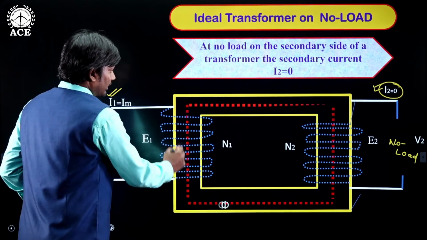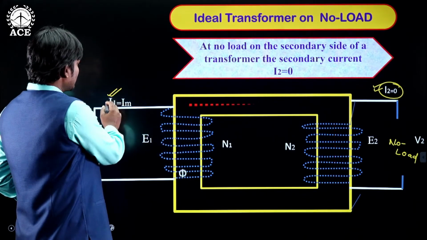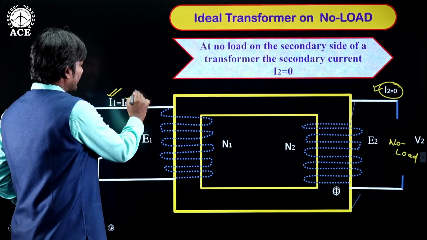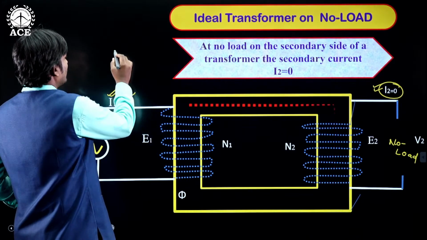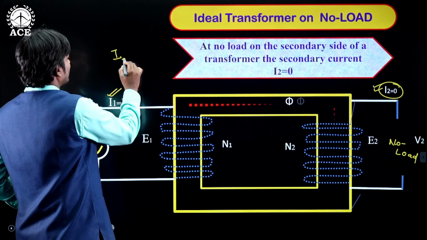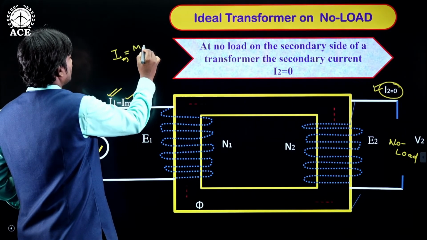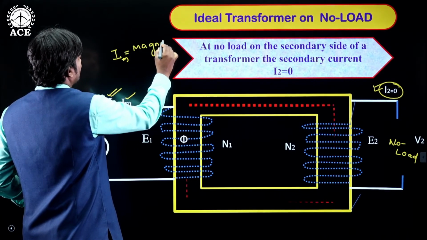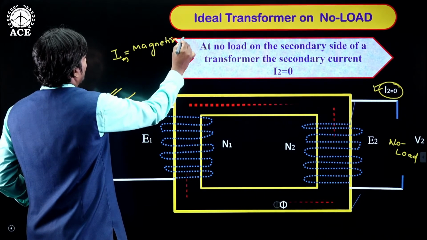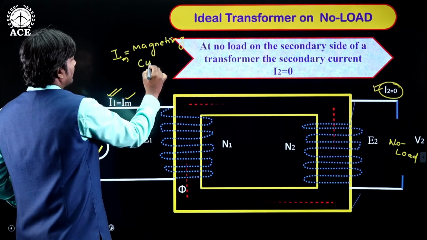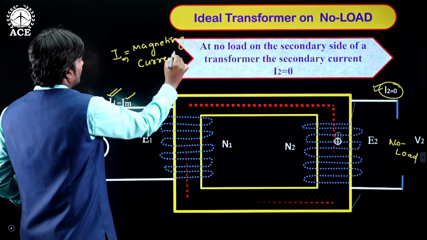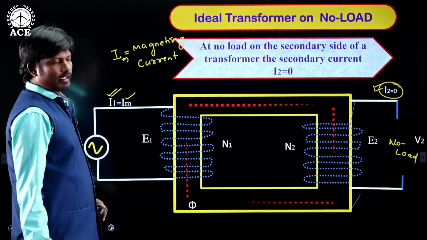This current magnetizes the core, that's why this current is also known as magnetizing current. This Im is called the magnetizing current.